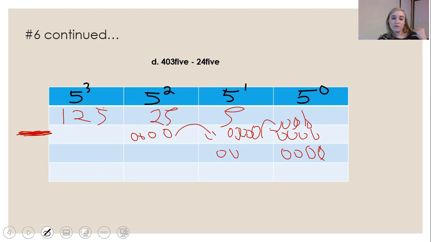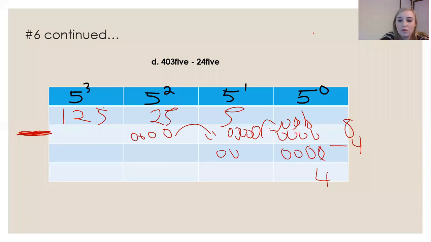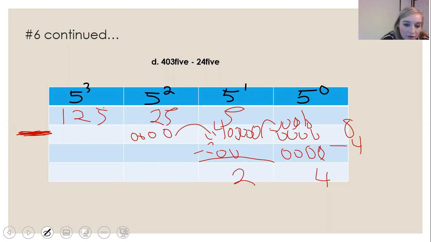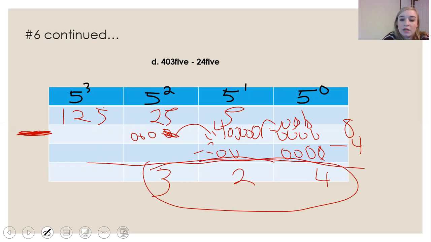So now we have 8. 8 minus 4. This is what this represents, is 4. And now here we have 4 minus 2. Sorry, the dots are not perfect. And then here, well, we borrowed this one, so we only have 3 here. So 403 minus 24, and base of 5 is 324.